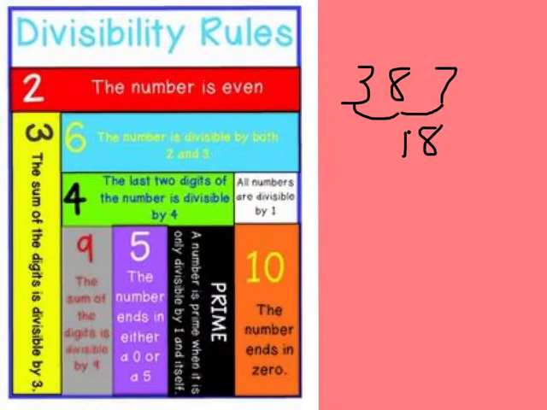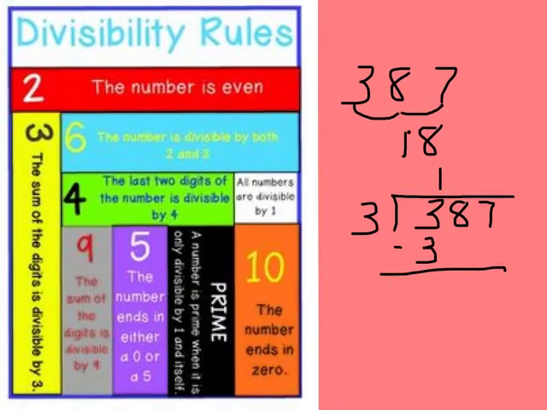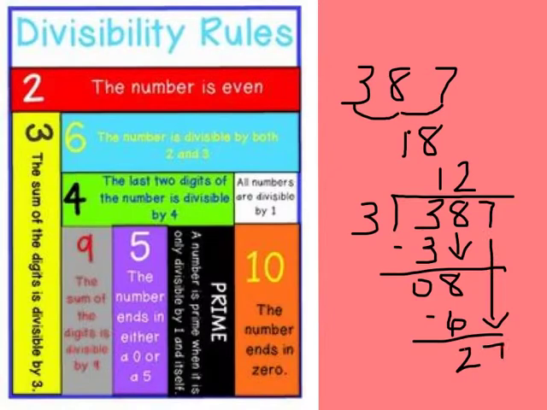18 is divisible by 3, so then we can say that 387 would also be divisible by 3. And I'm going to show you how we know that. We can do it manually, and we can see 3 into 3 goes 1 time, multiply, subtract, bring down. 3 into 8 will go 2 times, and that would be 6, subtract, that would be 2, bring down 7, and 3 will go into 27 9 times.